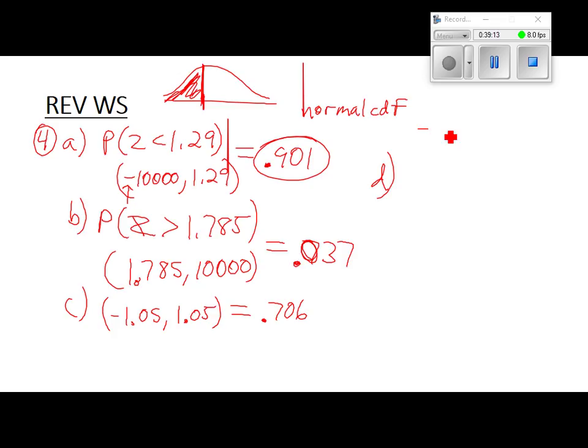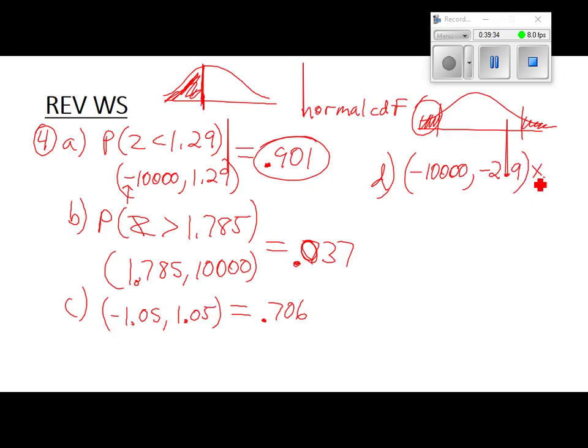This time they want to go this area, that area. What do we really need to find? Just the one of them and then double that. So what numbers am I going to punch in to find this area? Negative 10,000, that's our low limit. Negative 2.9. And then you're going to times that by 2. Anybody else get that? 0.0037.